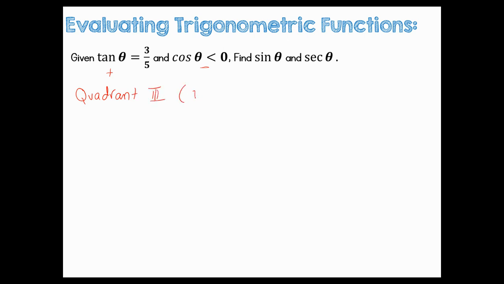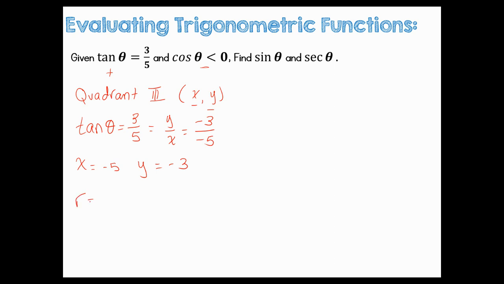And we know in quadrant 3, x and y are both negative. So if tangent of theta is 3 over 5, which is y over x, and both of these are negative, then negative 3 over negative 5, we know a negative over negative is positive, so x is actually negative 5, and y is negative 3.